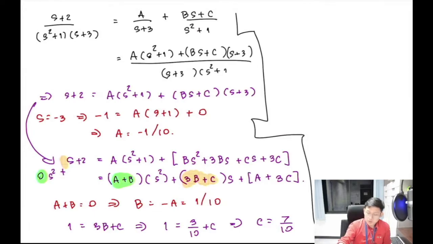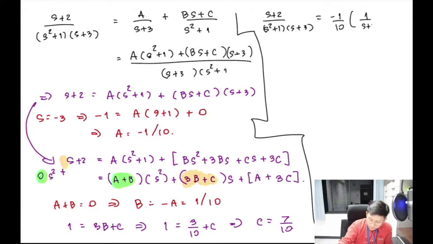Okay, so we have that (s plus 2) divided by (s squared plus 1)(s plus 3) is actually minus 1/10 times 1 over (s plus 3), plus B, what is B?